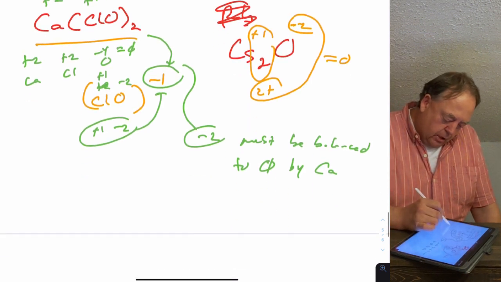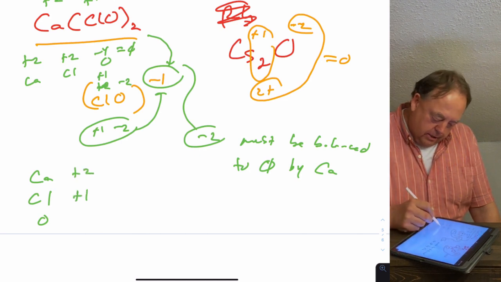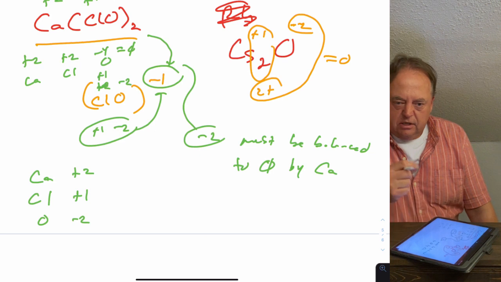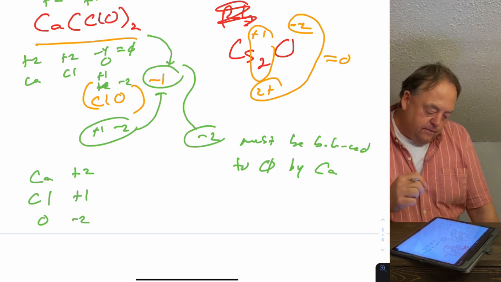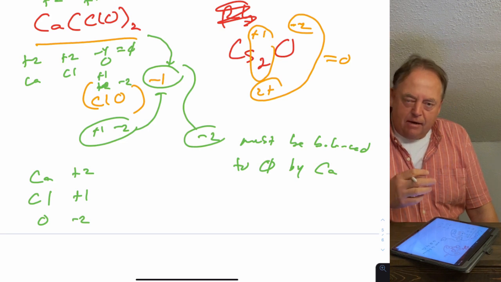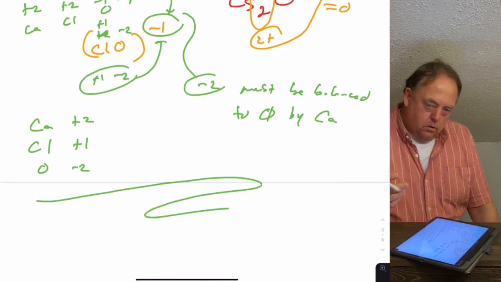But if I ask you what the oxidation numbers are, calcium's +2, each chlorine is +1, each oxygen's -2. I just want the individual oxidation number for one single atom of the element, not the sum of the oxidation numbers for each element. Okay, hopefully that made sense.